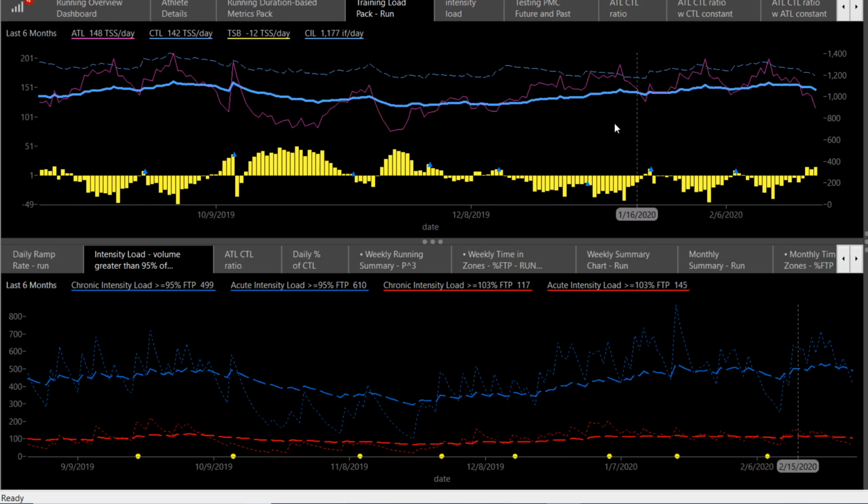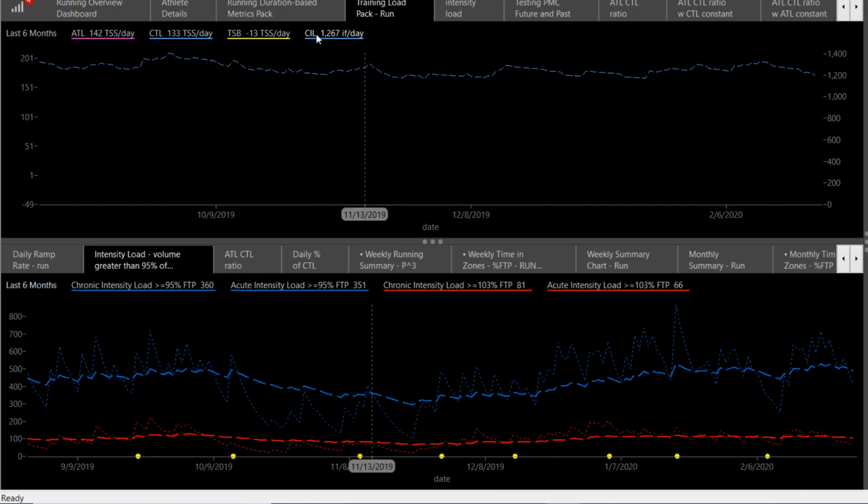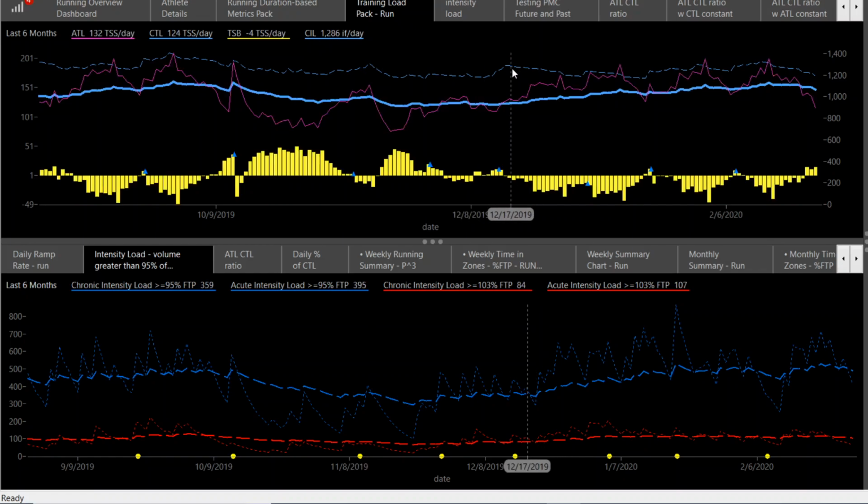How do we know? Well, one method is this dotted blue line here, called chronic intensity load. Basically this is just looking at intensity factor, which is normalized power divided by FTP, and doing some mathematics with that to get a chronic intensity load.